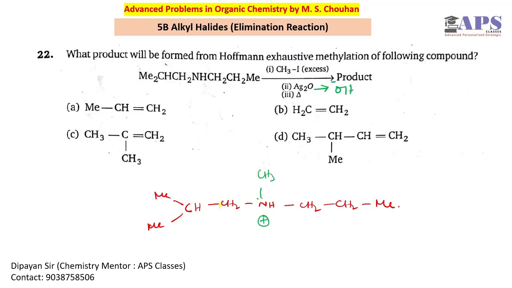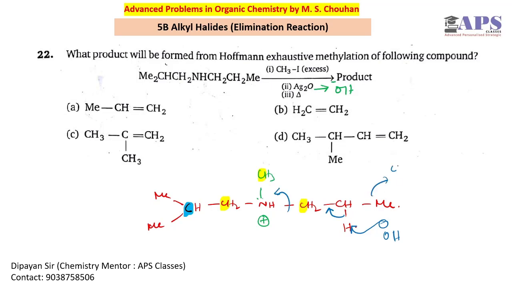These are the alpha carbons, and these are the beta carbons. We remove hydrogen from the beta carbon where the number of hydrogens is more, because this is Hofmann elimination. This OH minus will come here, this CH bond will be broken and this will be our leaving group.